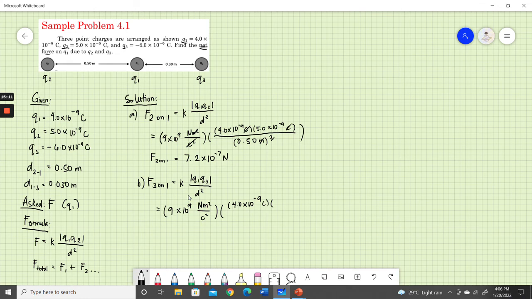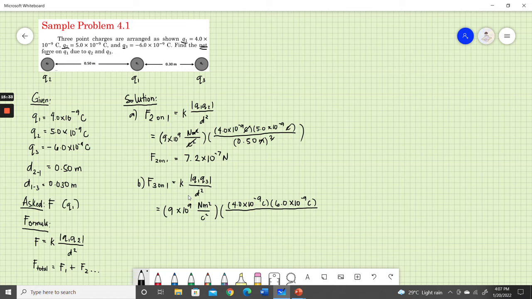You can see this is negative, but we are dealing with absolute value. Hence, what we want to do is remove the negative sign. So we end up having 6.0 times 10 raised to negative 9 coulombs. Again, we remove the negative sign because we're dealing with absolute value.